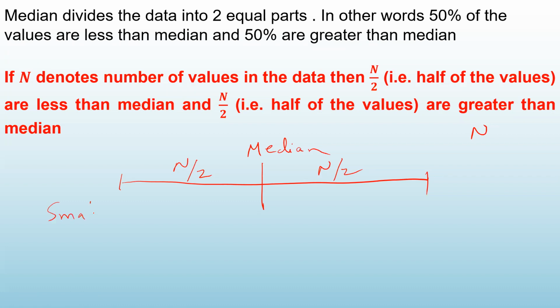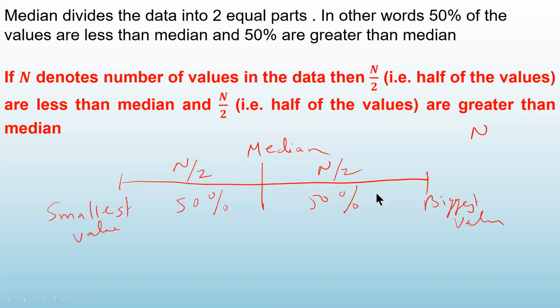This is the smallest value, and this is the biggest value or maximum value. So N by 2, N by 2, or 50% of the values are less than median and 50% are greater than median.